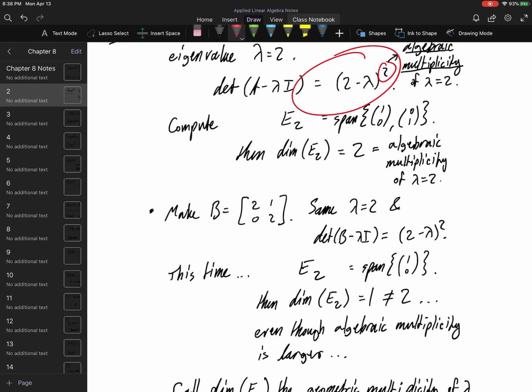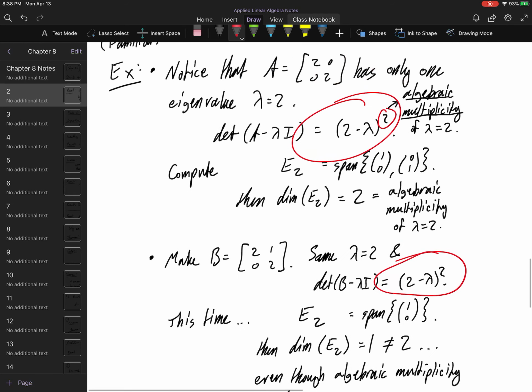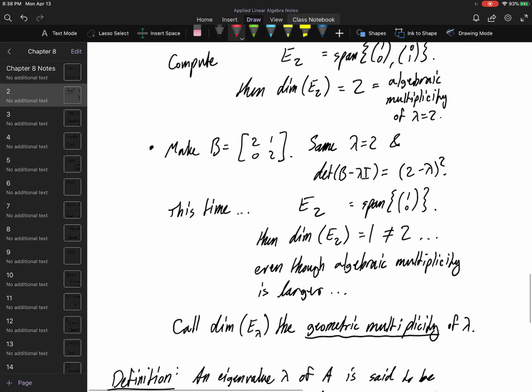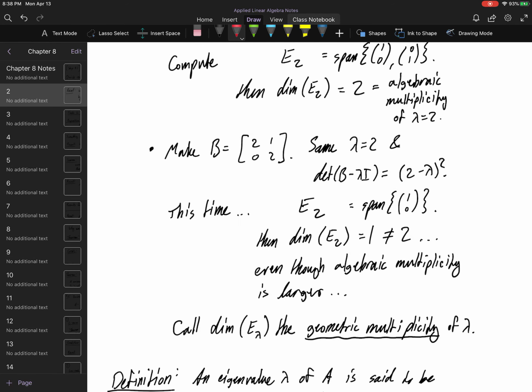In fact, I wind up with exactly the same characteristic polynomial between A and B. So they have the same eigenvalues. And we know this because on a triangular matrix, you can just read off the eigenvalues off the diagonal. That's upper or lower triangular.